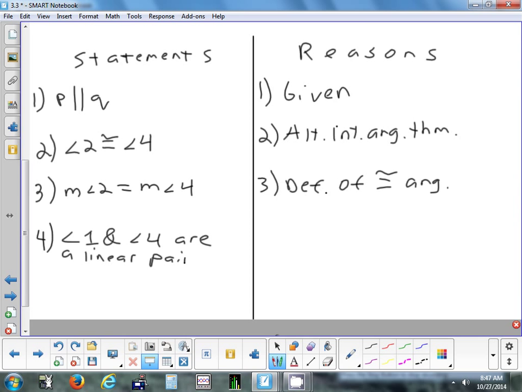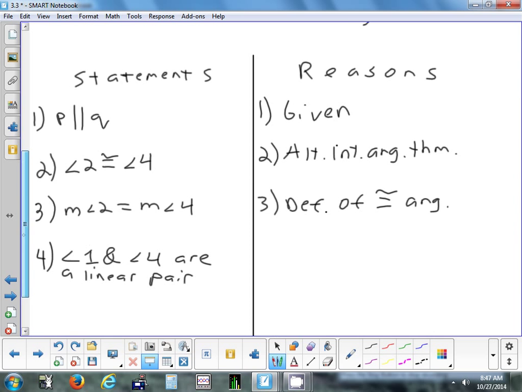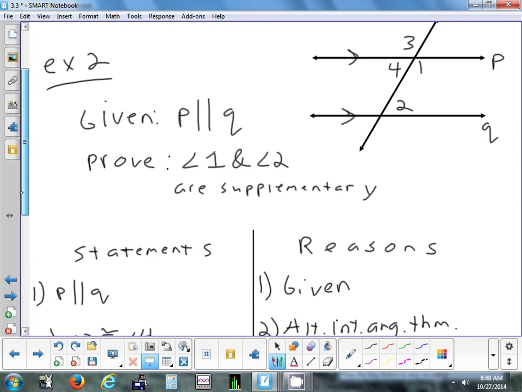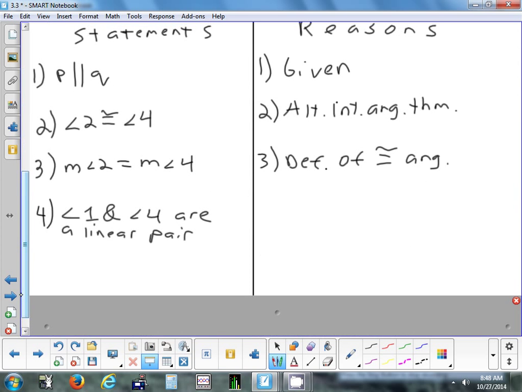Okay, now in step 4, some people might just be tempted to say, oh, well, they add up to 180. Well, that's not given. That's jumping a couple steps. But they definitely form a linear pair. I would say that's the definition of a linear pair. The non-common sides form opposite rays.